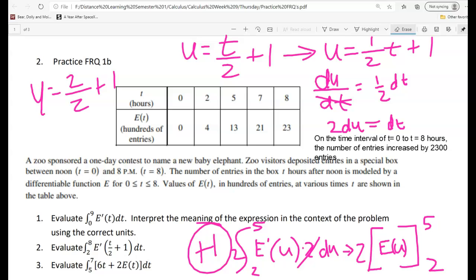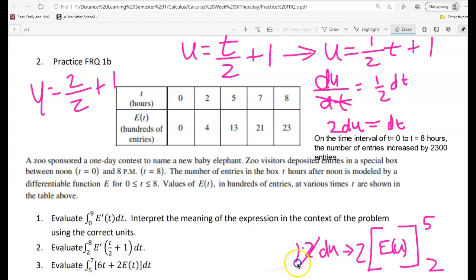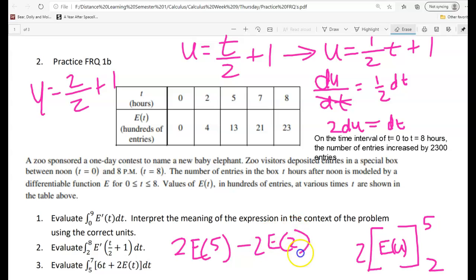Next, we're going to go ahead and do the fundamental theorem of calculus. So we're going to do 2 e of 5 minus 2 e of 2. And e of 5 is 13.